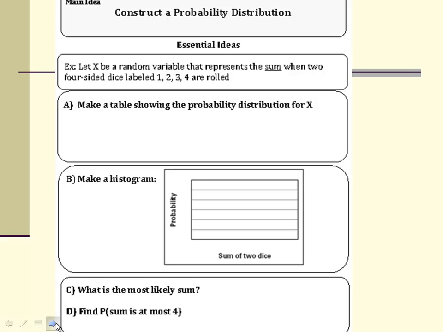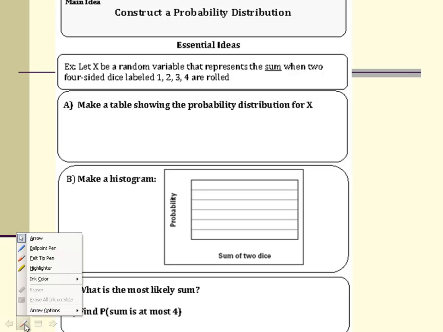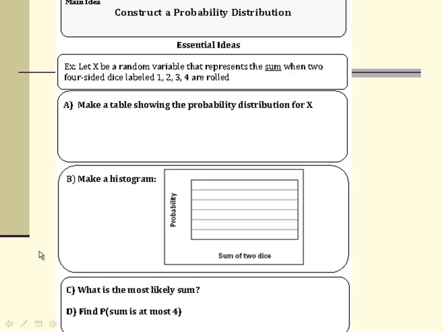So take a look. We're going to let x be a random variable that represents the sum when two four-sided dice are labeled 1, 2, 3, and 4. Okay, so what I'm going to do is I just want to look at what does it mean. And so I'm actually going to put that over here. What it means is I could take the sum of like 1 and 1.